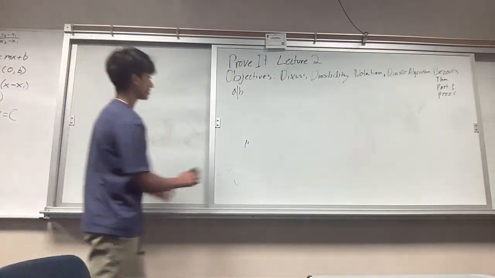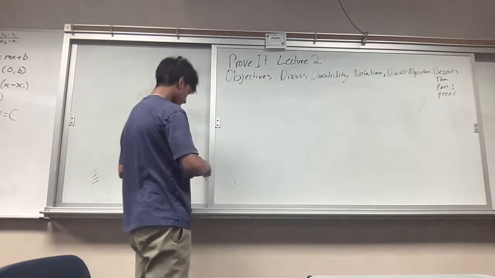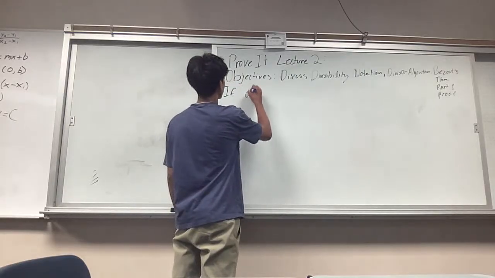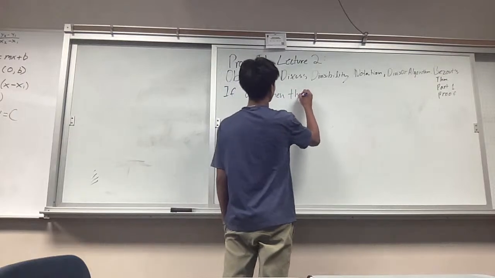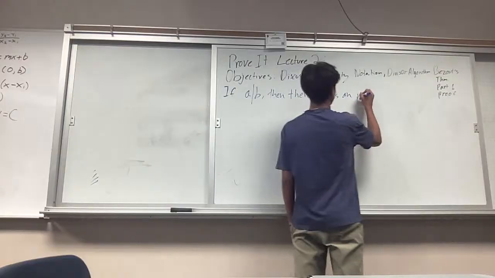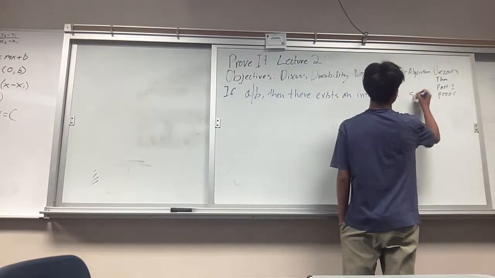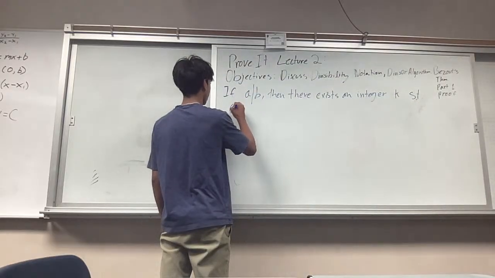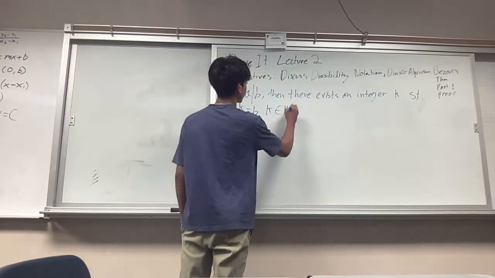All right, divisibility. The formal definition of divisibility, I'll write this in your notes. If A divides B, then there exists an integer k such that ak equals b for some k in the real numbers.